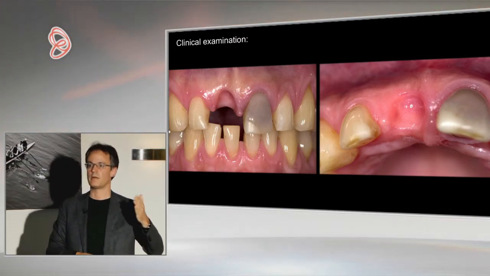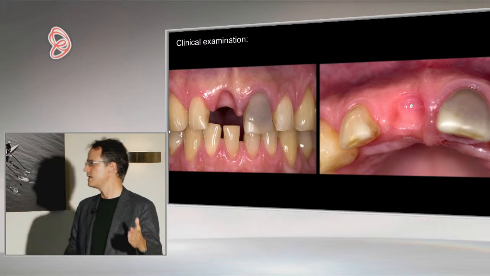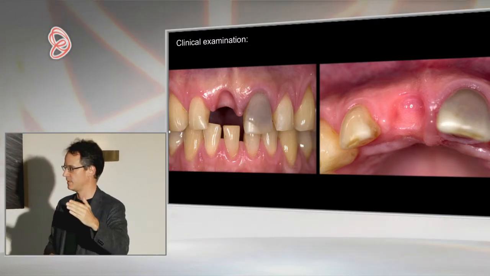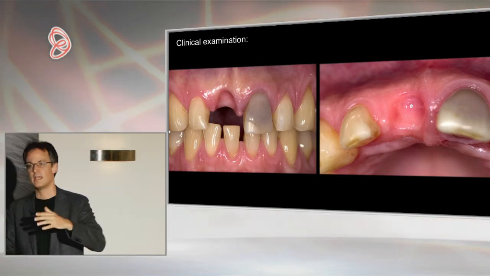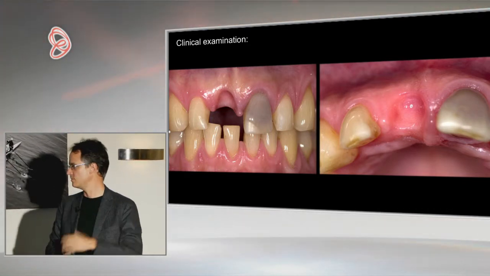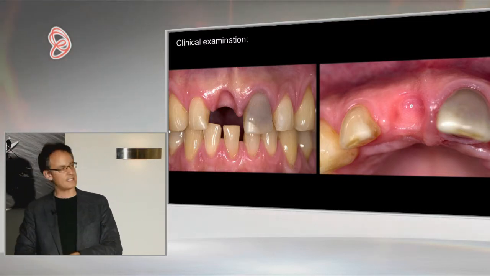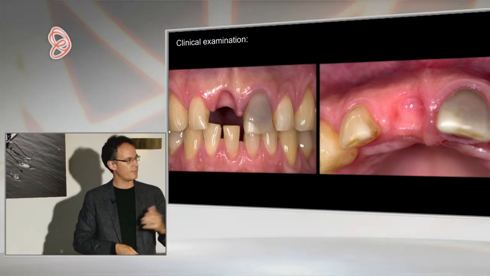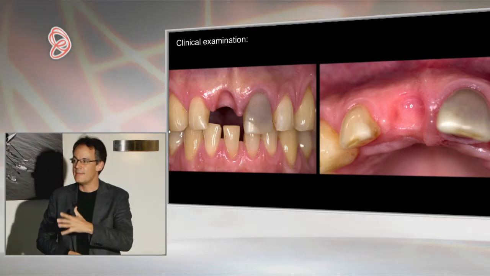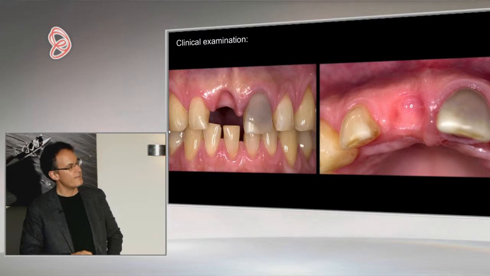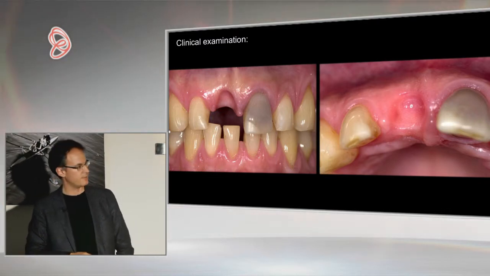Because when you talk about the anterior maxilla, aesthetics is also a very important outcome measure. You can't just say it's functioning, you can chew. For this type of procedure, for this type of patient, function is a limited outcome measure, because aesthetics is very important also for the anterior maxilla.